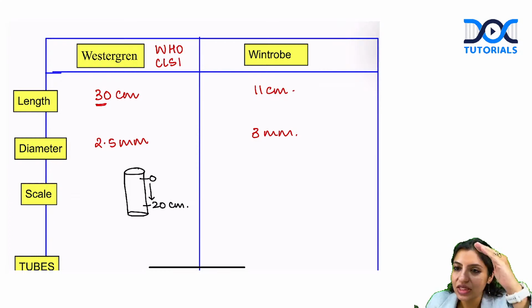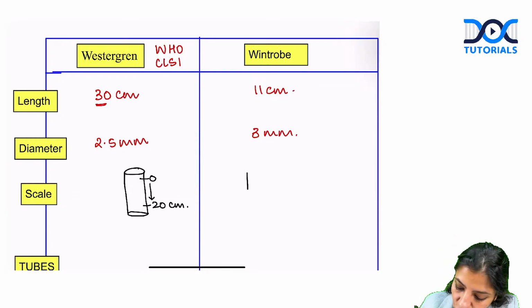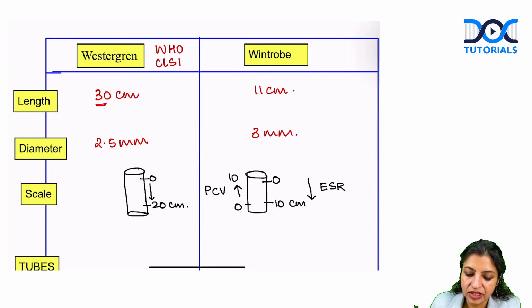That is why we can see the fall of the RBCs. Whereas Wintrobe is a tube which has markings on both sides. One is from 0 to 10, which will show the fall of red cells. This is for ESR. But we also have markings from 0 to 10 in the upward direction, and this is for packed cell volume.